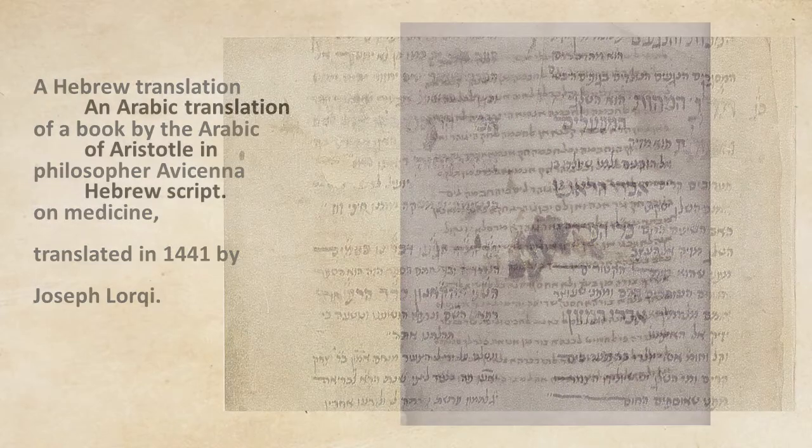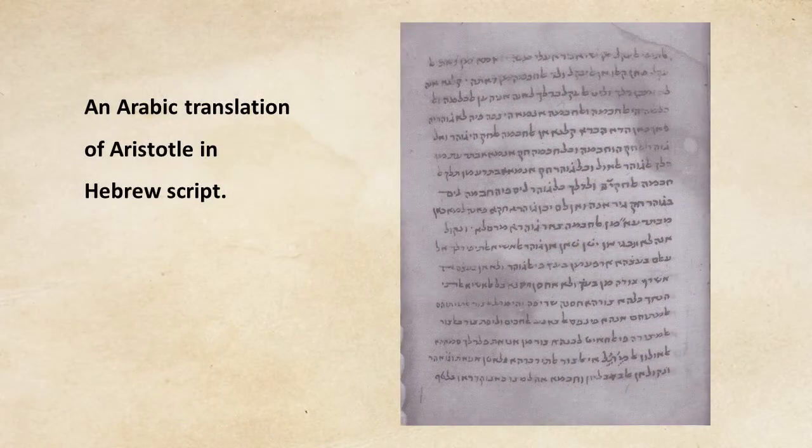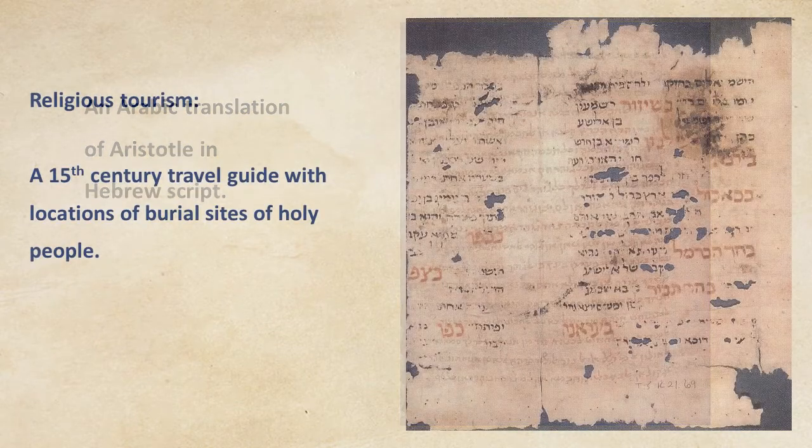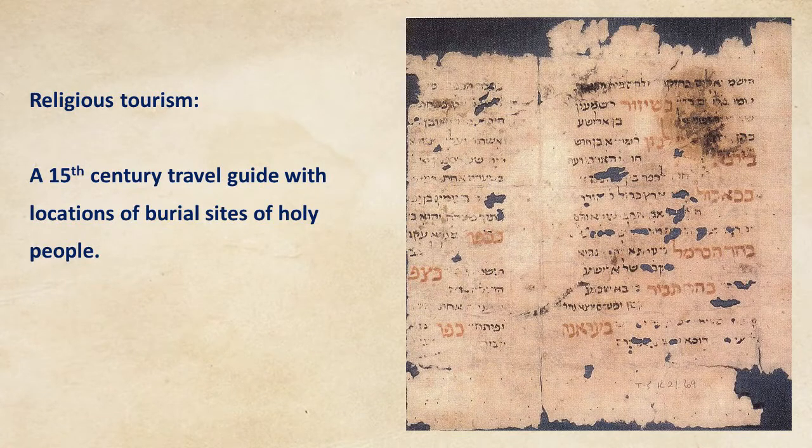Now this is an Arabic translation of Aristotle, but in Hebrew letters. Now this is funny. Religious tourism: a 15th century travel guide with locations of burial sites of holy people.